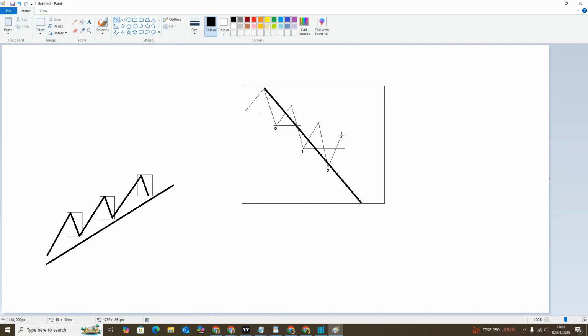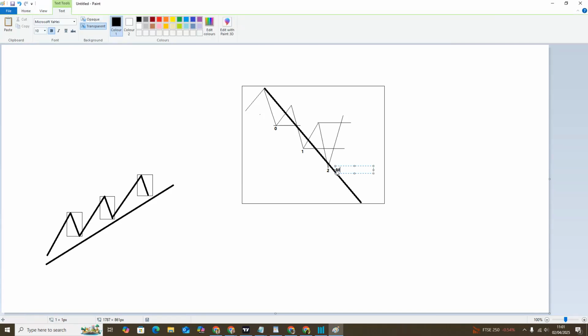And the price moves up, or if it moves up, you can still buy. But now you have an information. This 2 becomes an information. This 2 is what we call a momentum low.